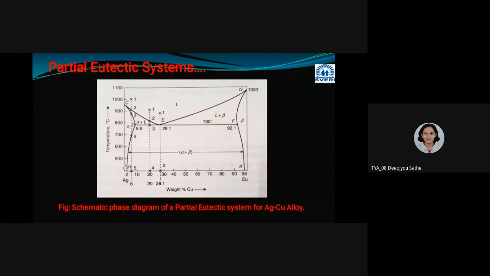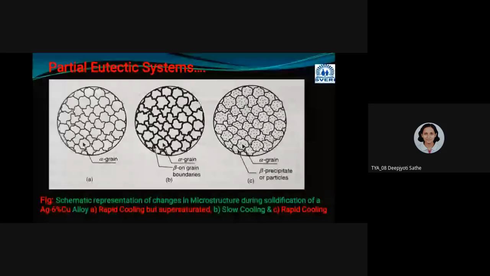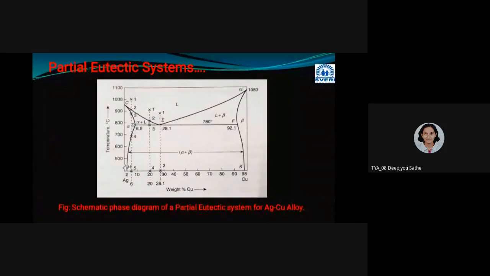You can mention any value above that, consider the cooling of that alloy, and refer to this first microstructure, and instead of alpha use beta solid solution, and wherever beta solid solution is there, replace it by alpha. These microstructures you can add, so in this partial eutectic system a total of 5 microstructural change diagrams will be there.